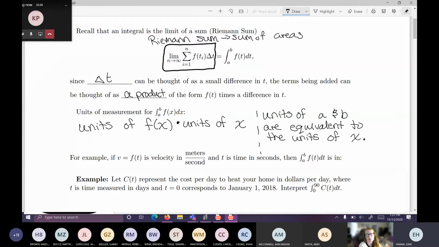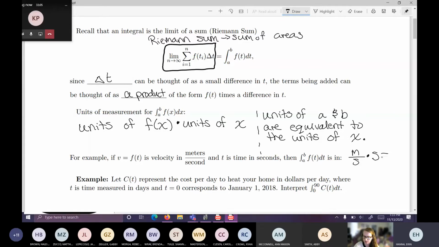Say, for example, we had some velocity function, so velocity equals f of t, and say that velocity function was given in meters per second, and time was therefore in seconds. If we were trying to figure out the units of that integral, we're going to have the units of f of t, which is meters per second, times the units of t, which is seconds.